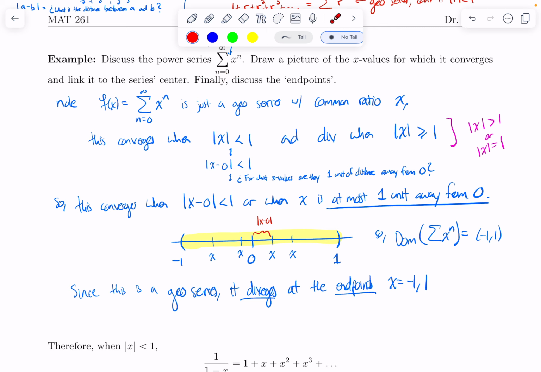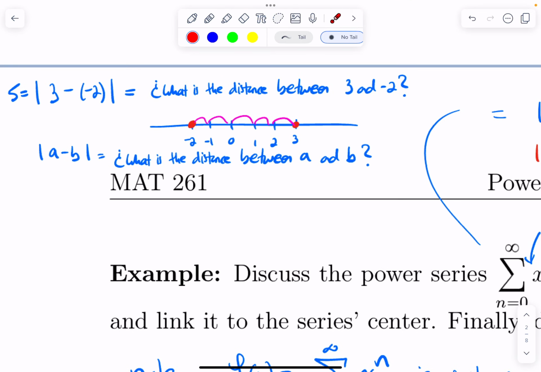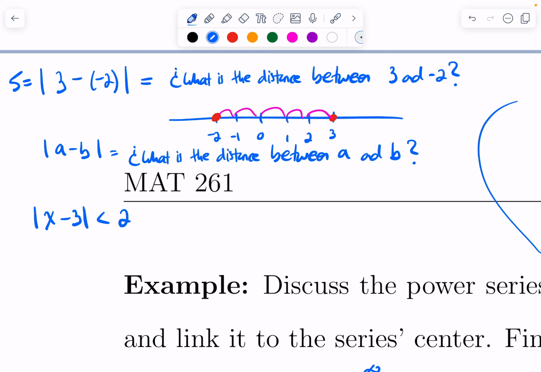Why is this so powerful? Why are we talking about this right now? Well, before I get too ahead of myself, by the way, if I wanted to change up this diagram, in the spirit of what we've been doing here, I could talk about things like what's the absolute value of x minus 3 less than, say, 2. The way I want you to think about this is I want you to, again, think of this as your center.